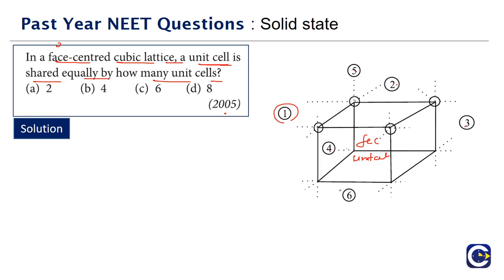Totally how many faces are there? The number of faces is equal to what? 6. And on each side this unit cell is shared. Means what? In a FCC, the unit cell itself will be shared with how many unit cells? It will be shared with 6 unit cells.